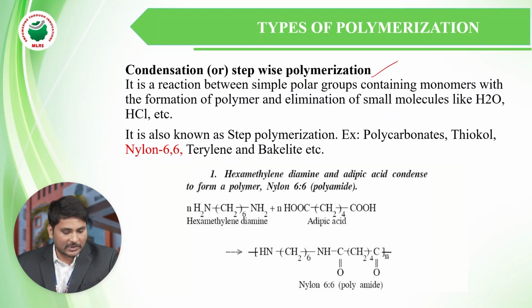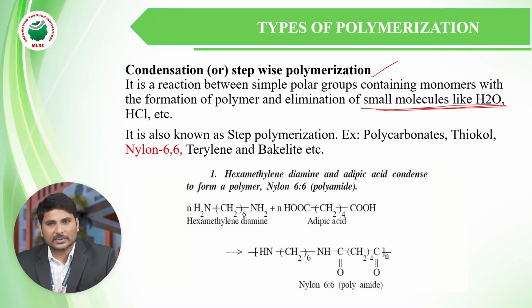It is a reaction between simple polar group containing monomers with the formation of polymer and elimination of small molecules. This word is important for us: elimination of small molecules. In addition polymerization, we are not eliminating any byproducts, but in condensation polymerization, we are eliminating simple small byproducts like water and HCl.